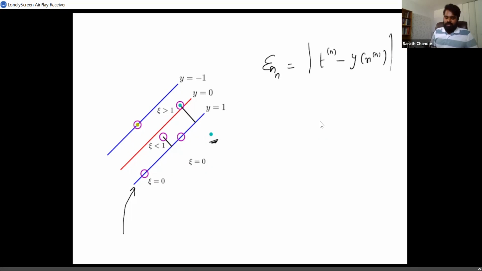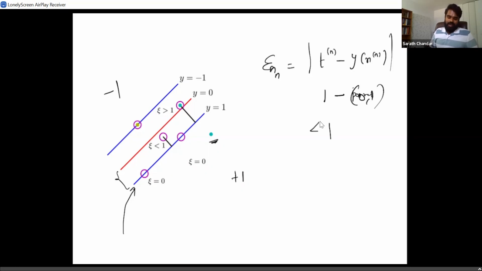Let's say this is class +1, this is class -1. Now if a data point lies in between the decision boundary and the margin, then that epsilon is going to be less than 1, because it is 1 minus some positive value, which is a value between 0 and 1. So the whole thing is going to be less than 1.